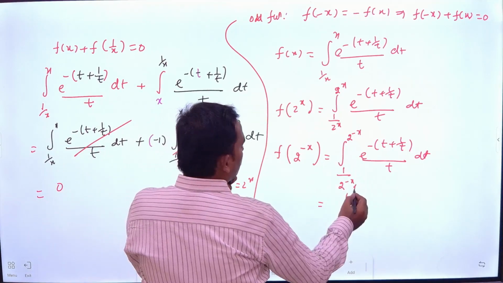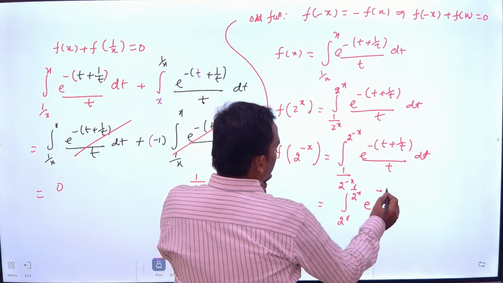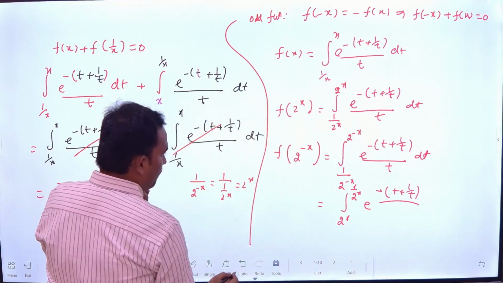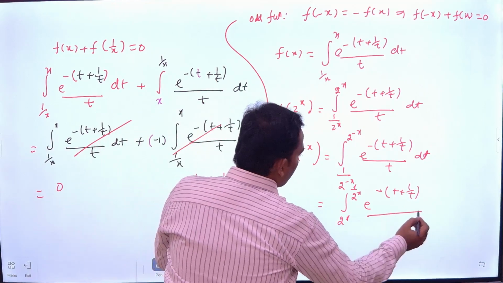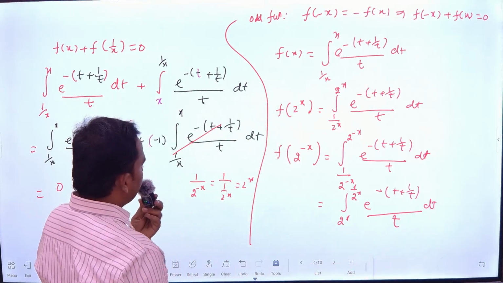So 2 power minus x, how to write 1 by 2 power x, e power minus t plus 1 by t divided by t into dt. Clear? Okay.